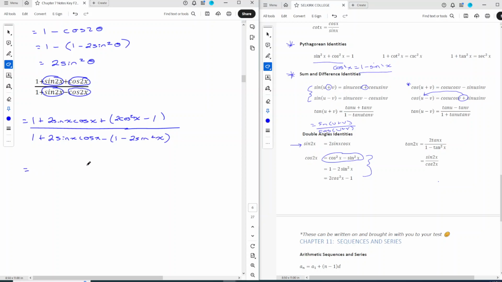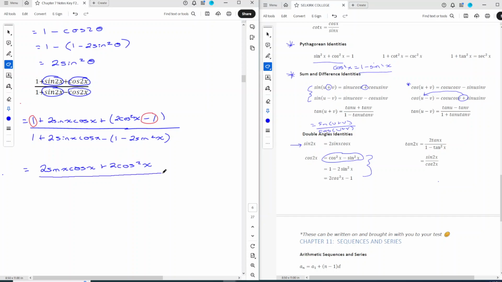Okay, so sometimes having a trick just allows you to do other things. So for this one, I hope you can see that I'm adding. So I've got the 1 and I'm taking away 1, so that's going to be gone. So in my numerator, I'm going to be left with 2 sine x cos x plus 2 cos squared x.